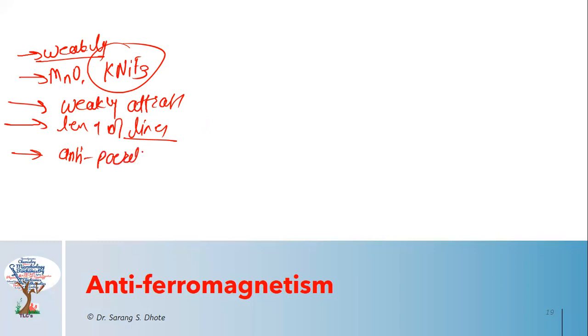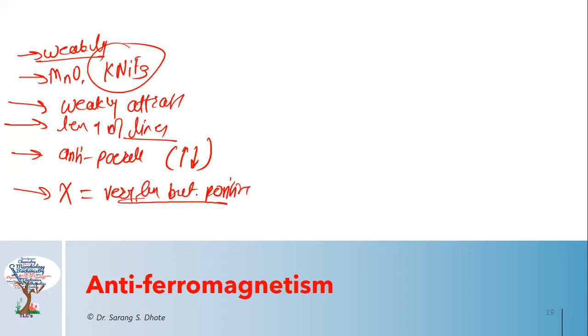The electrons are arranged in anti-parallel directions, so that you get antiferromagnetism. Next is the magnetic susceptibility. The value of chi is very small, but it is positive.